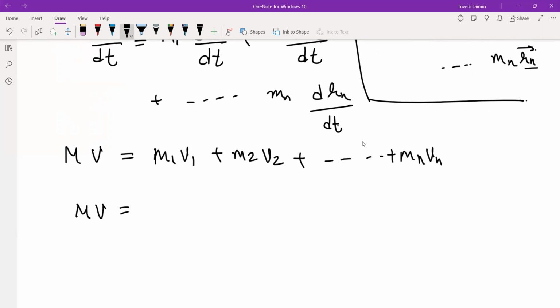M V. What will we write on this side? Yes, Devanshika. What will we write in summation form?